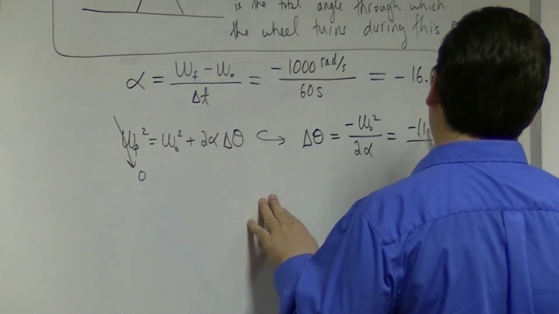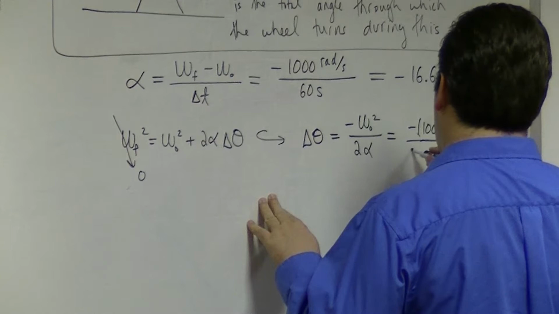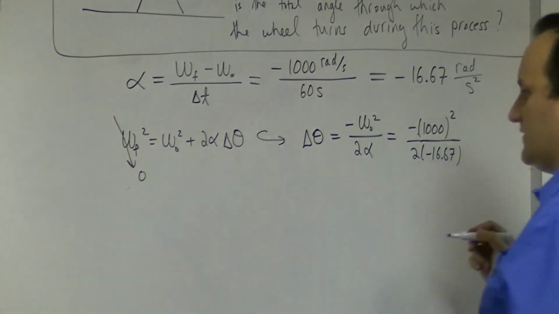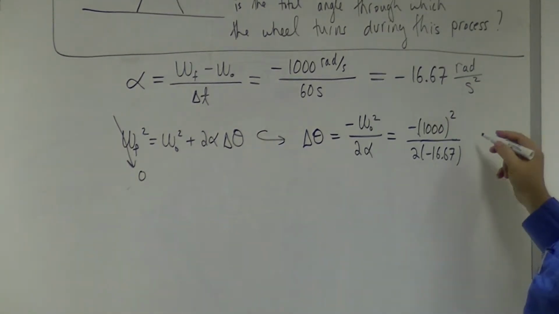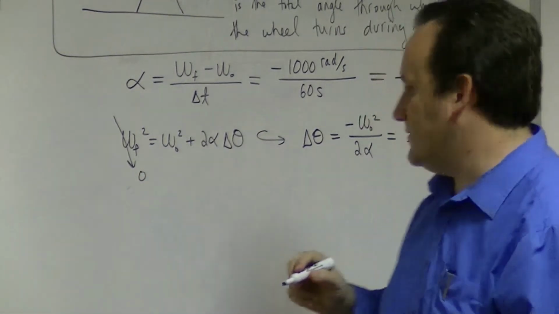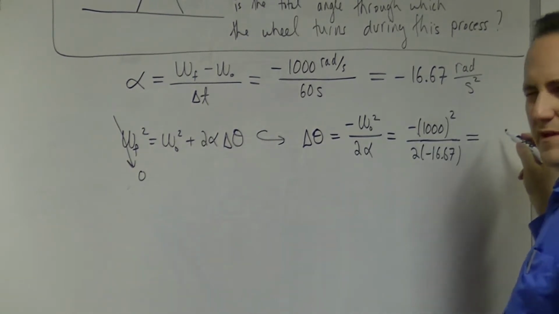So minus 1,000 squared divided by 2 times minus 16.67. Of course, the minus will cancel because the change in theta is positive, right? So what's 1,000,000 divided by 32? About 30,000.